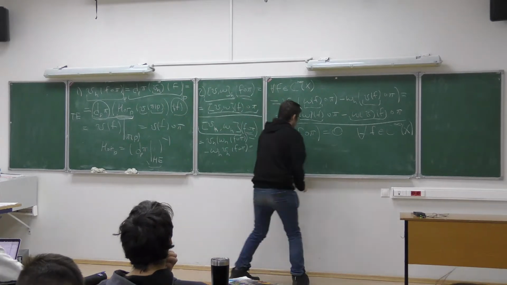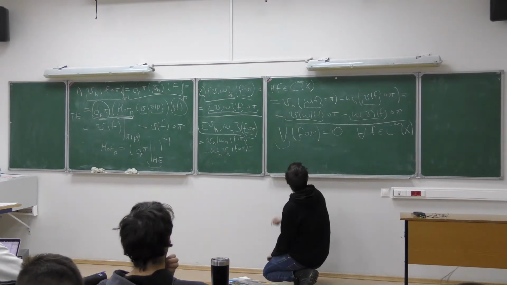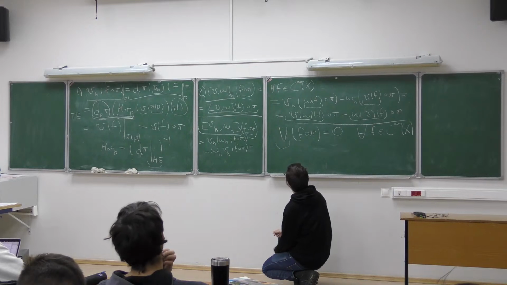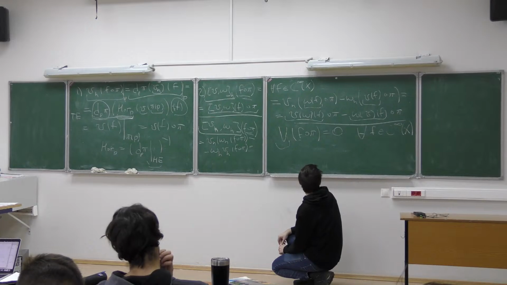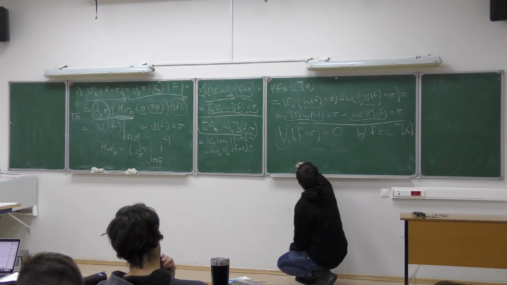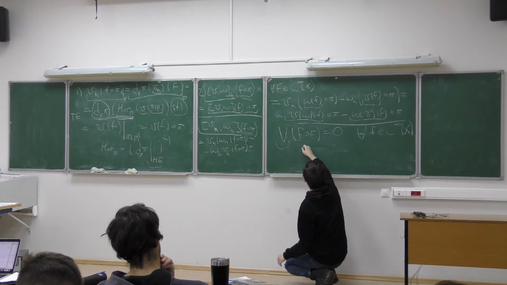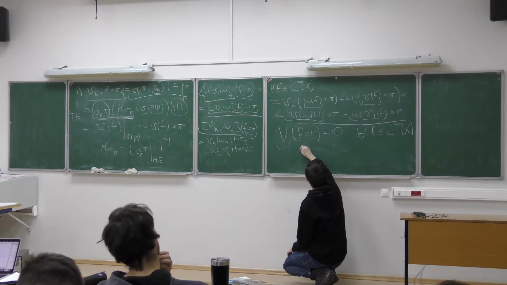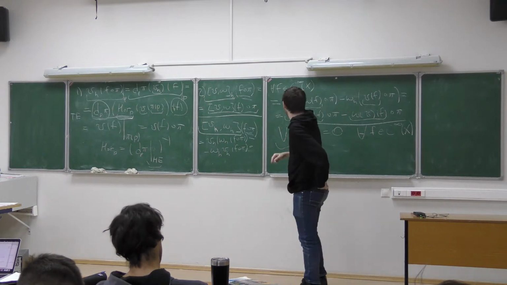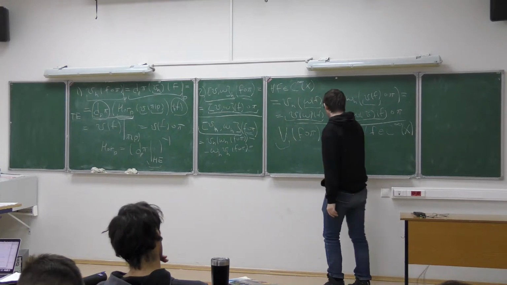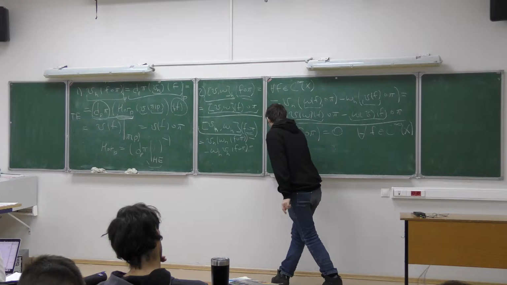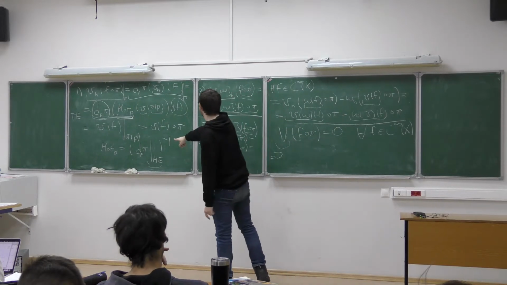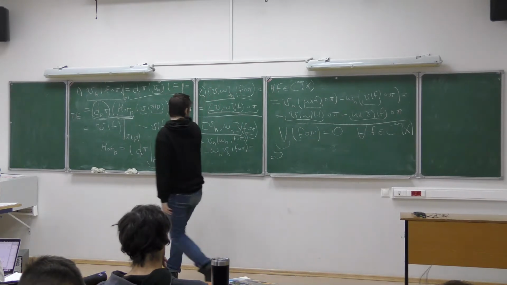So if v is 0, then it is only horizontal. So this implies that v is horizontal. I just proved it.